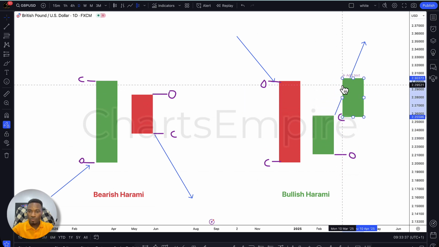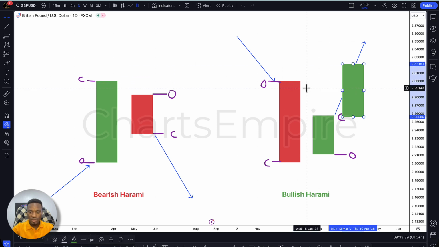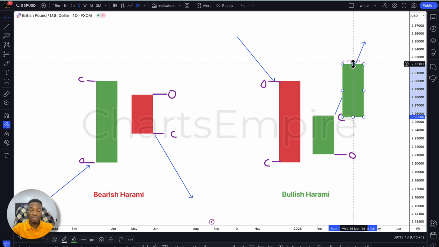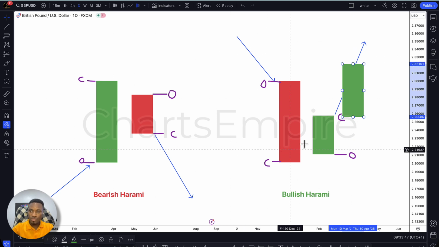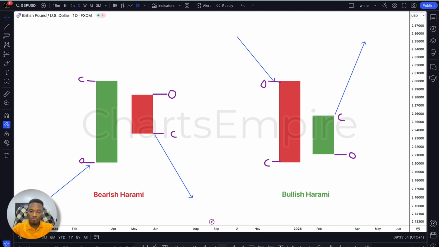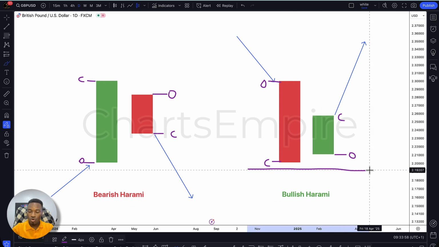Above the opening of the bearish candlestick of this candlestick pattern, right? So once we have a bullish candlestick, then this candlestick has been confirmed for the reversal of a downtrend to an uptrend. And this candlestick is powerful if it forms at the low of a downtrend. That means it has to form at the support level or at a demand level on the trading chart.